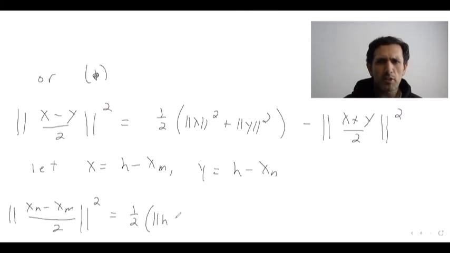Actually, the book assumes h is 0 and then does a general argument to reduce to that case. I think it's easier just to use h in general. I don't think it helps much to assume h is 0. It makes notation a little simpler. But anyway.